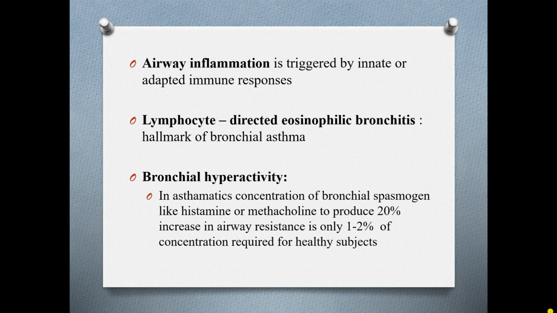Which means if a healthy individual requires 100 milligram of histamine to produce bronchospasm, an asthmatic patient will require only 1 milligram of histamine to produce the same amount of bronchospasm.